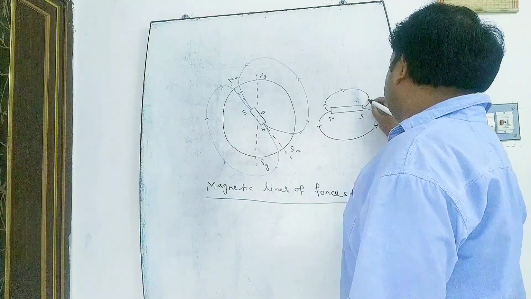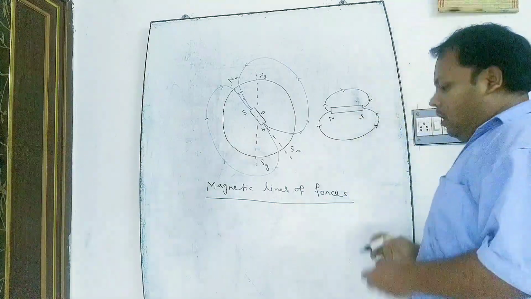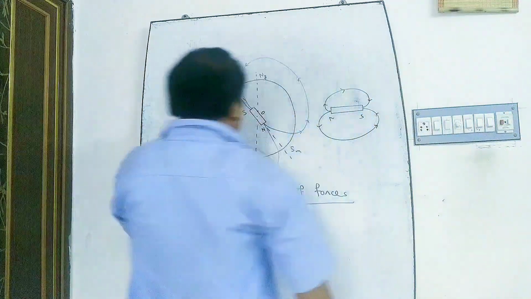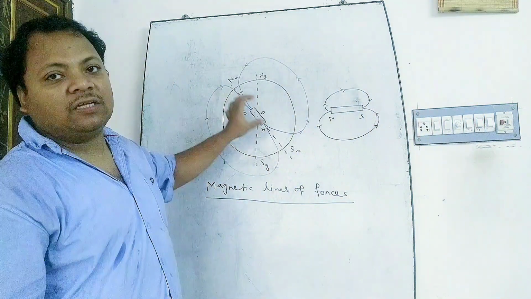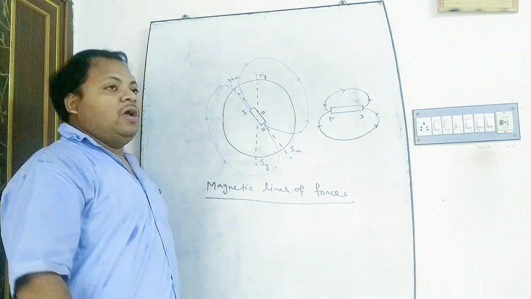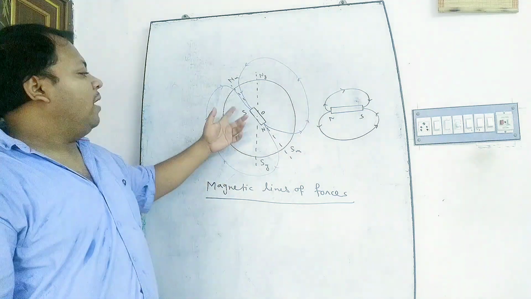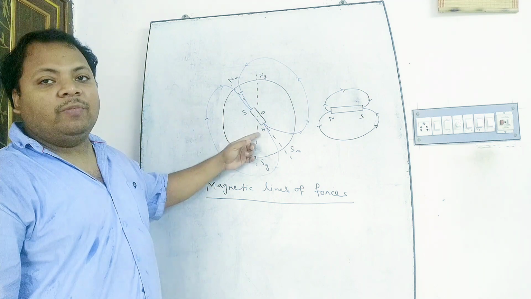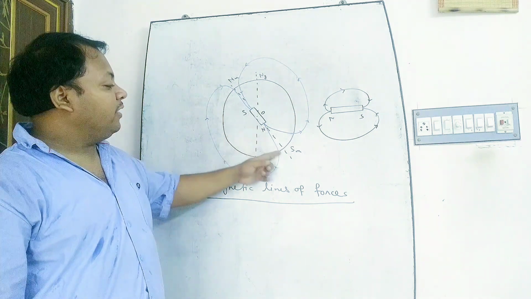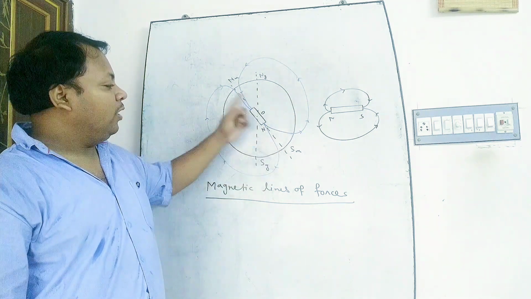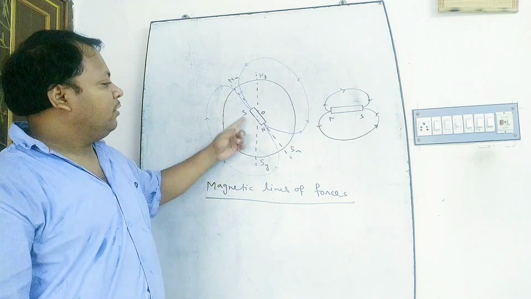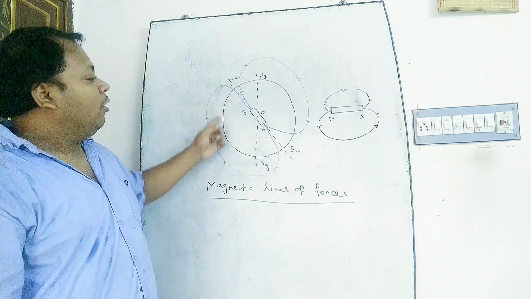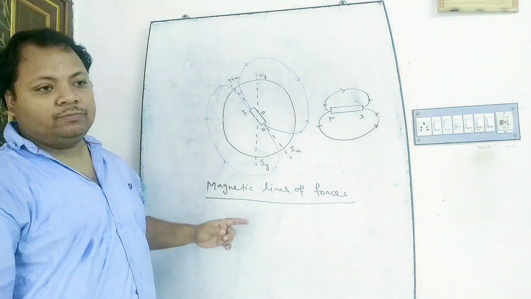We already considered that there is a huge magnet inside the earth at the center, and the direction of the bar magnet is such that the north pole of the bar magnet points towards the magnetic south pole of the earth, and the south pole of the bar magnet points towards the magnetic north pole of the earth.